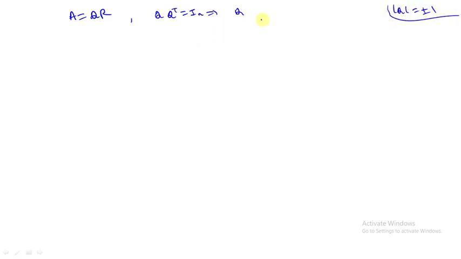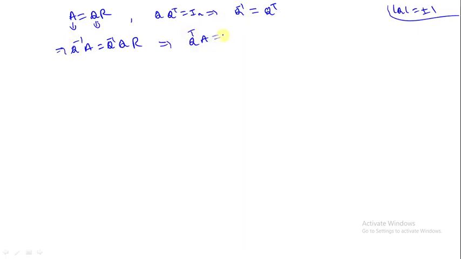It's invertible, so Q inverse equals Q transpose. Now if you multiply A by Q inverse, Q inverse A equals Q inverse Q R, and Q inverse Q is identity. Since Q inverse is Q transpose, Q transpose A equals R.